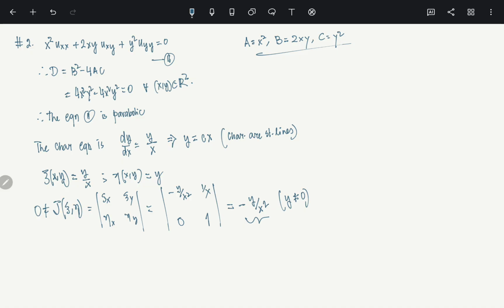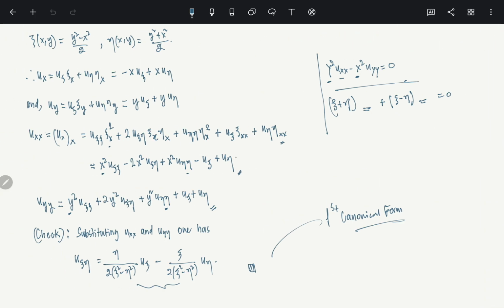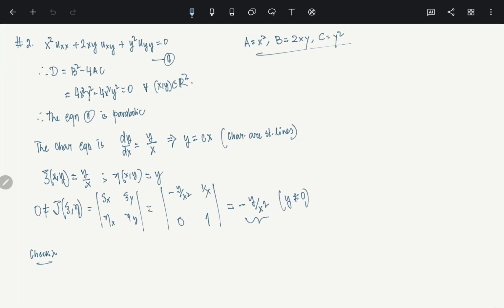Now with this transformation, please look at the equation. I want you to check this. It is very important that you know how to do this. From the earlier calculation, we computed ux, uy, uxx, uyy, but here xi and eta are given by this. So you have to find out what uxx is, what uyy is, and what uxy is.